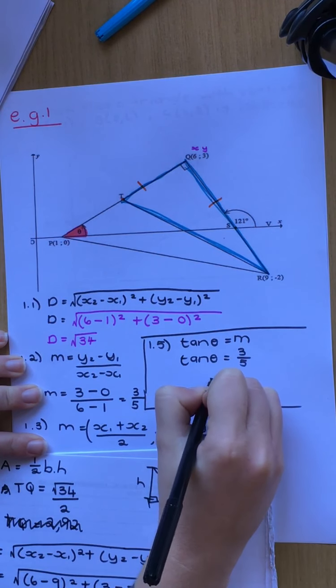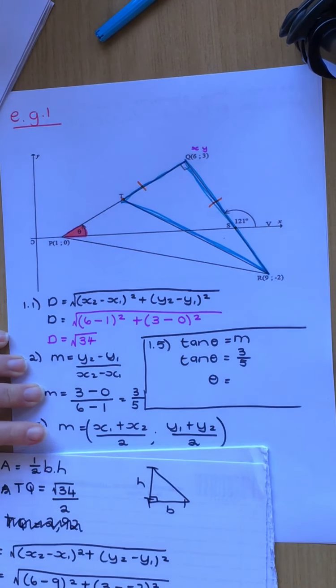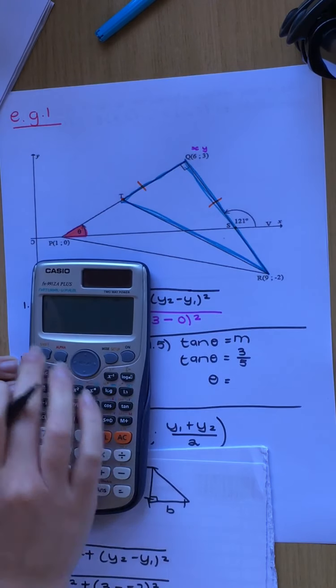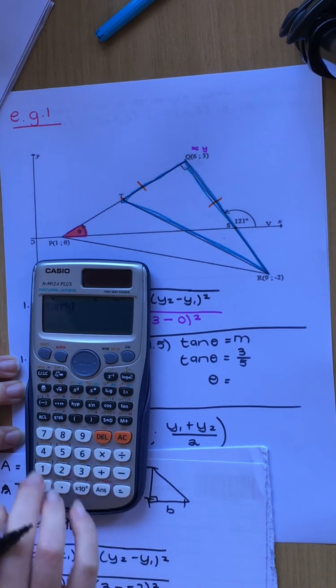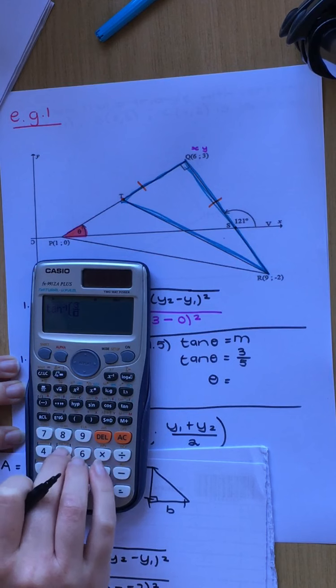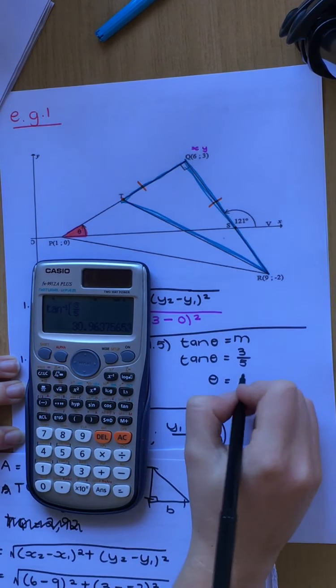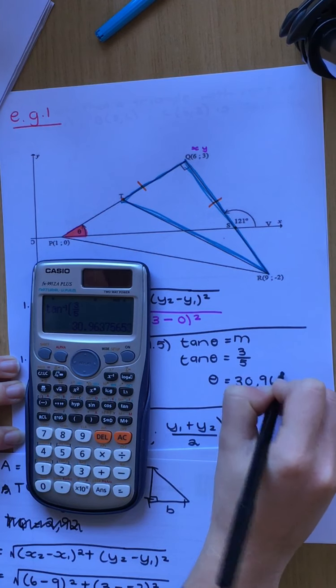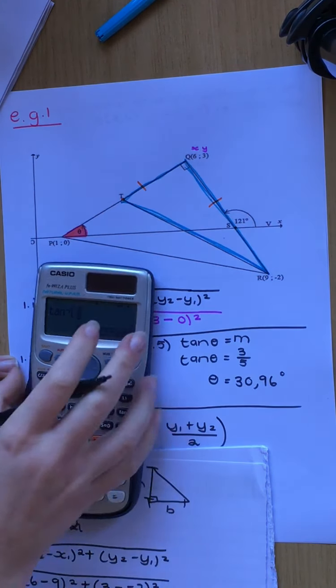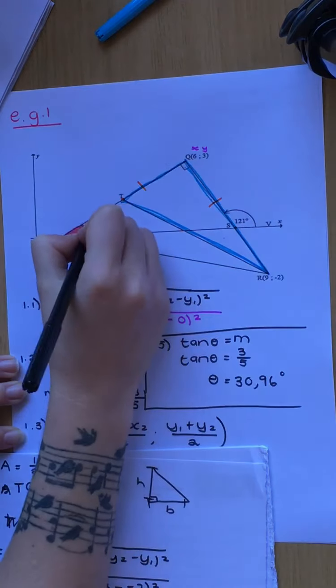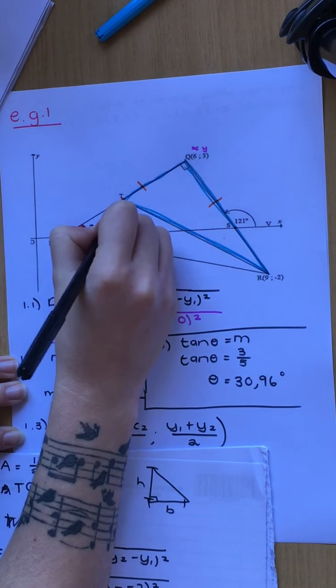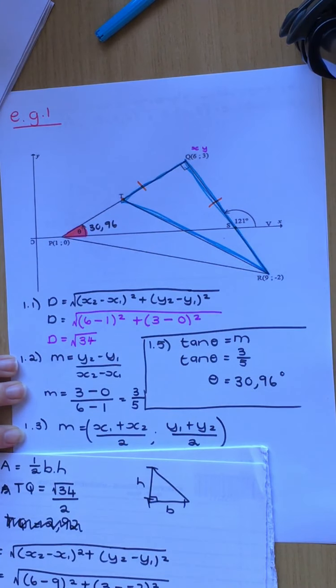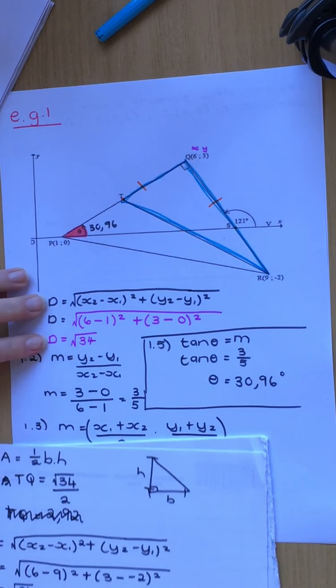So if we want theta, remember what must I do? I must shift. So it'll be shift tan 3 over 5, which is 30.96 degrees. I hope that makes sense to you guys. 30.96. Okay, we are almost there, guys.